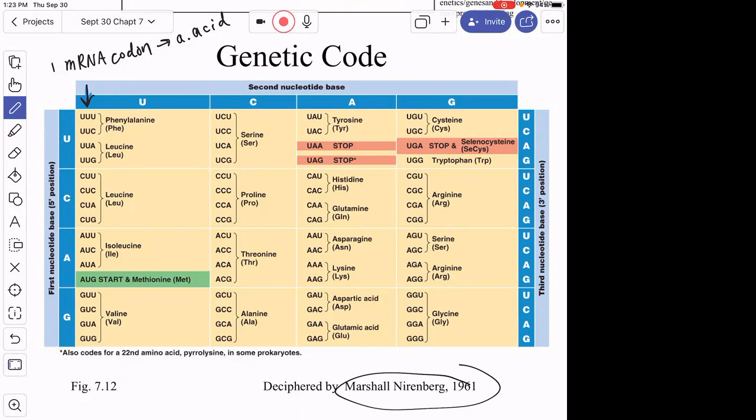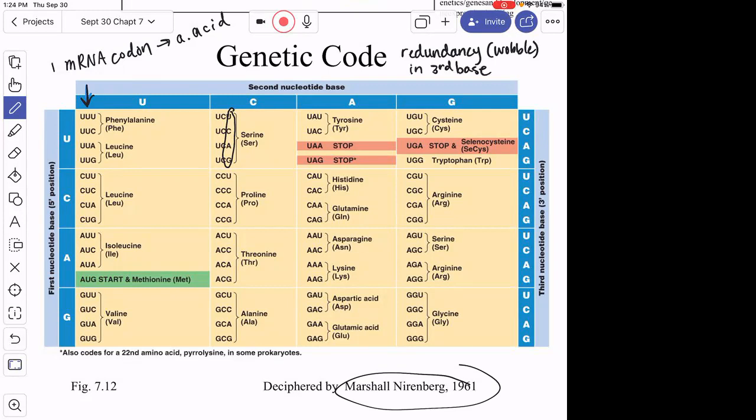So we figured out that there is some redundancy in this code. In other words, sometimes it doesn't matter at all what that 3rd base is. Sometimes we refer to that as wobble in that 3rd base of the codon.